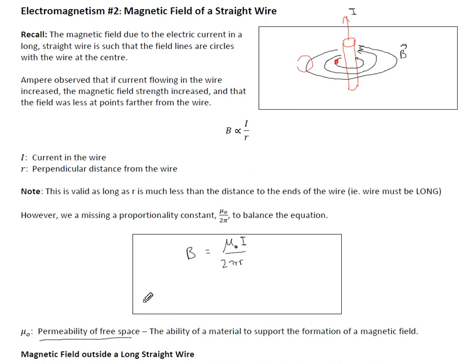So the value for mu naught is equal to 4 pi times 10 to the negative 7 Tesla meters per amp. Let me just write that again to make it clearer.